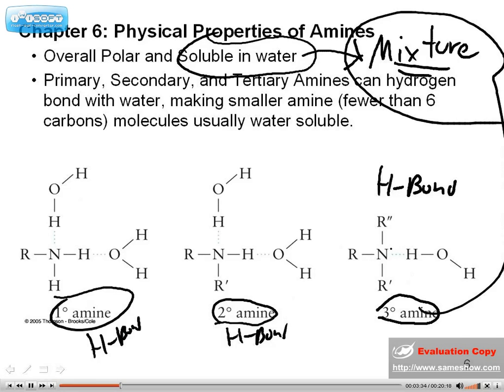Why? Because the tertiary amine, although it doesn't have a hydrogen directly attached, it does have a lone pair. So if there's a nearby hydrogen on a nitrogen, oxygen, or fluorine, and water completes the requirement, there's a hydrogen directly attached to an oxygen, then yes, you can have hydrogen bonding.